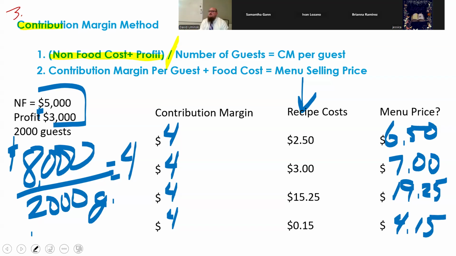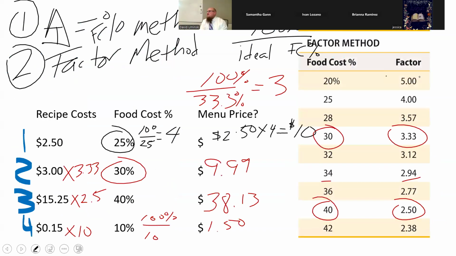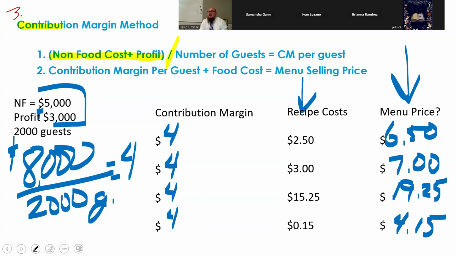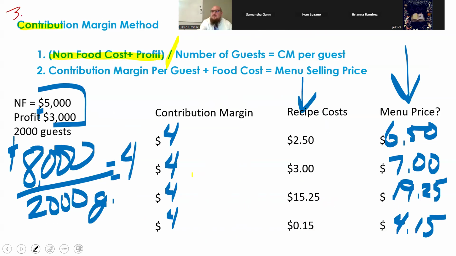Take a look at these selling prices. So look right here at the menu price. And now let's look back at this one. Which two are the most drastic, the most different? Number 3 and 4. $38 and $1.50 compared to $19 and $4.15. It's the most drastic. Okay.